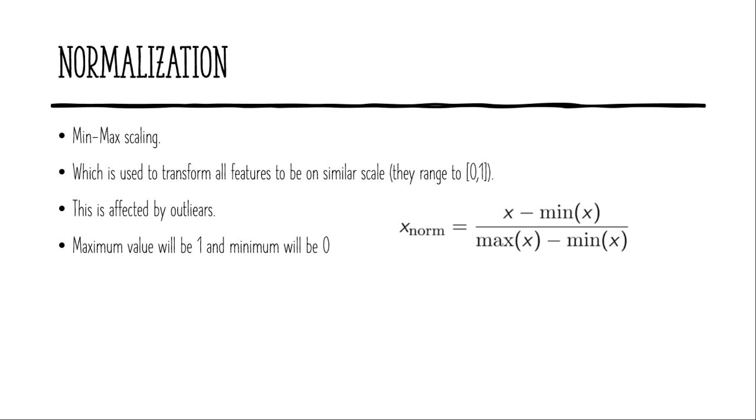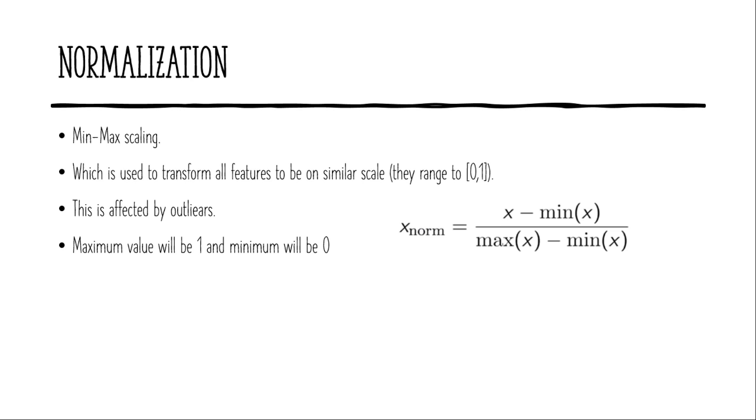Because let's say x is the minimum value, so minimum minus minimum is 0, so the numerator will be 0, and we'll be getting 0 as the minimum value. And if we take x as the maximum value, then maximum minus minimum divided by maximum minus minimum will be 1, so the maximum value will be 1. So the minimum value is 0 and the maximum value is 1 in minimax scaling.